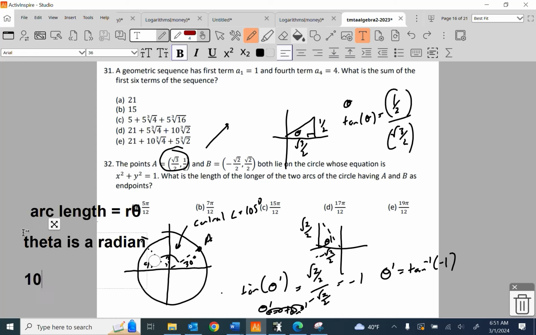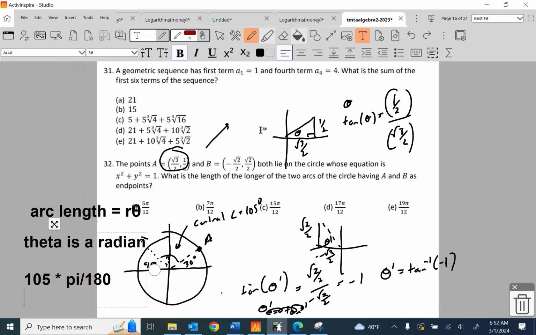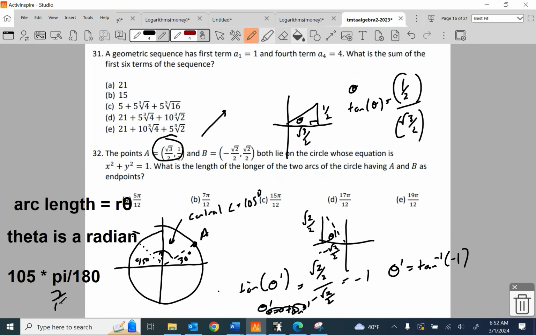So you take your 105 degree angle, multiply it by pi over 180, and in a calculator, we'll just do the 105 over 180 and simplify. You got 7 over 12, put the pi back in place.